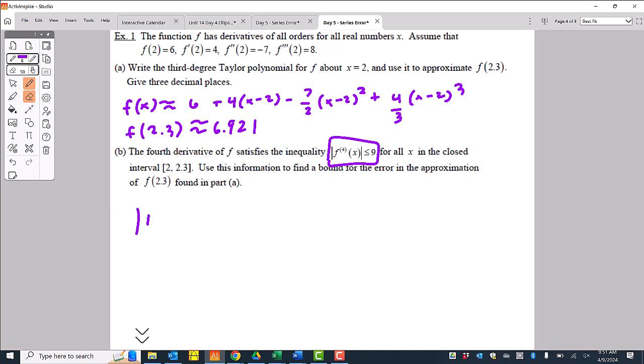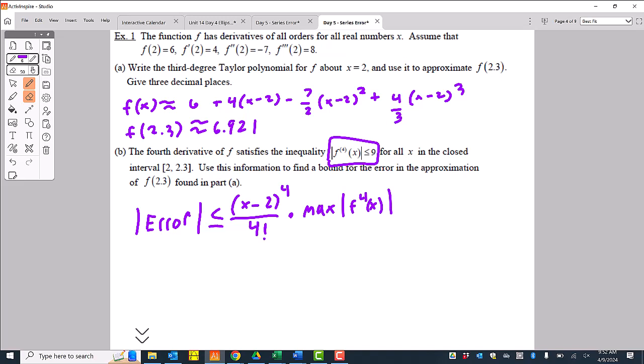Well, that means if we use that error bound from the other page, our error is going to be less than or equal to the next term, so (x minus 2) to the fourth over 4 factorial times the max of the fourth derivative of x.